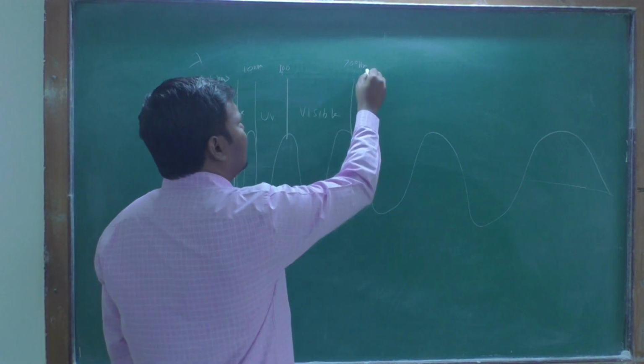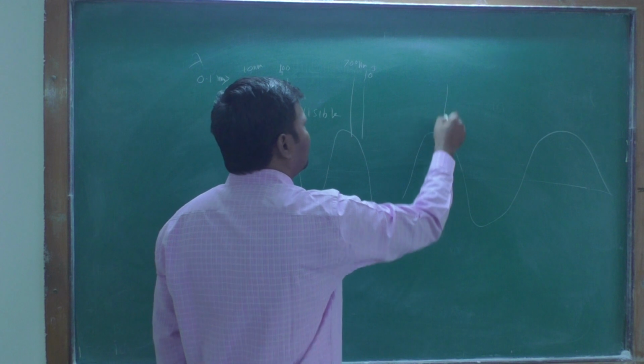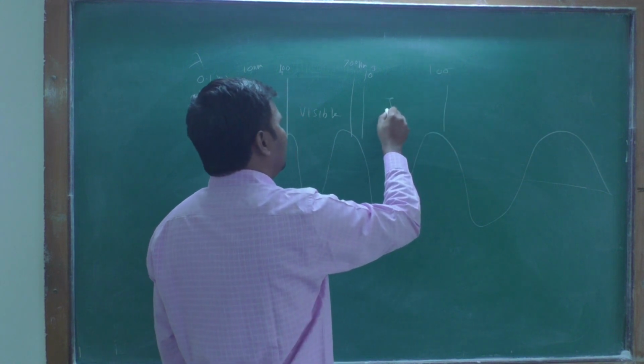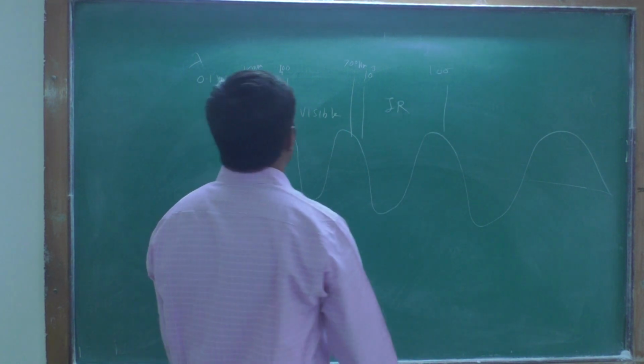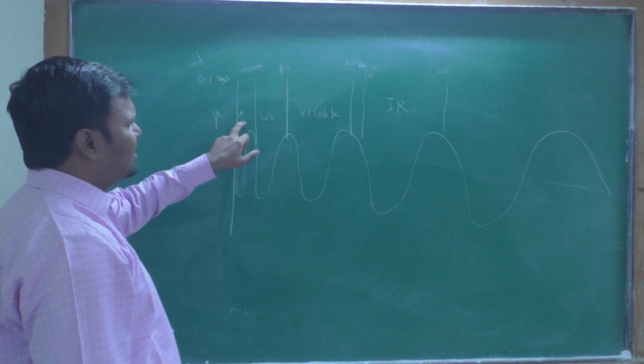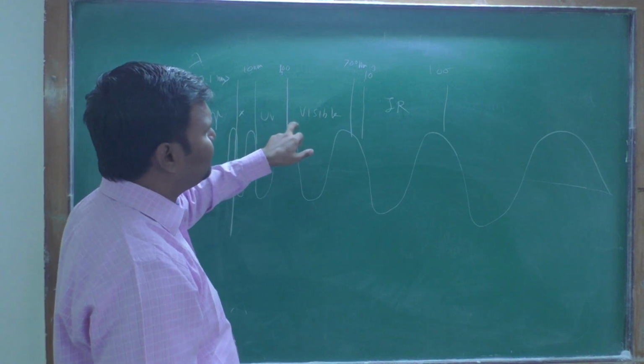Then 10 raised to 3 to 10 raised to 5 nanometer is the IR radiation region. These are the gamma radiation, X-ray radiation, and UV radiation.